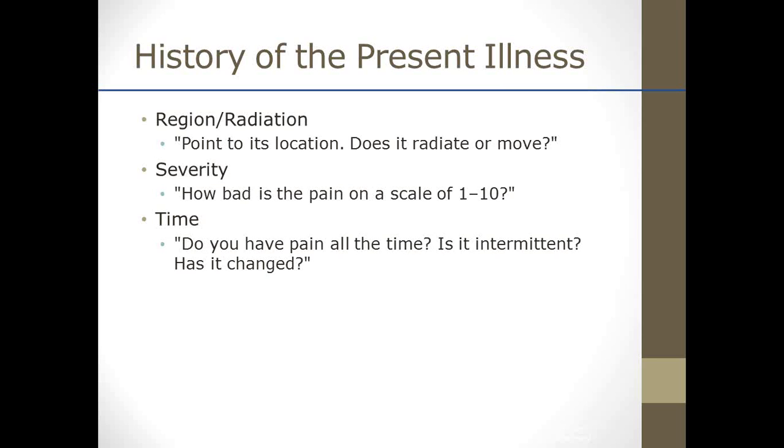How bad is this? This is always an interesting question, because some people really have not ever experienced a great amount of pain, so they have a hard time. Their 10 might be like your 5, depending on both of your life experiences. But it really doesn't matter because we're always going to go by their scale, so it works out either way.